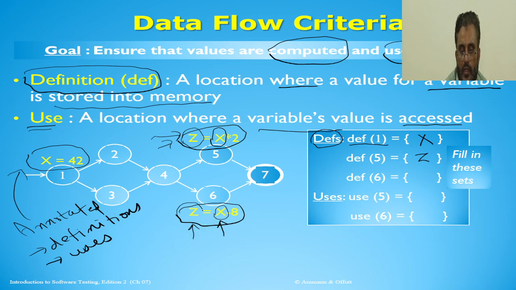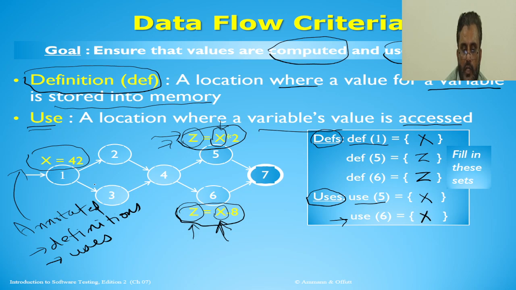You can see it is the variable on the left of the assignment operator, variable z. Again, the new notation for use: when I say use of 5, which variables are being used at node 5? Here you can see it is the variable x that is being used. And which variable is being used at node 6? Again you can see from this annotated graph that it is variable x.